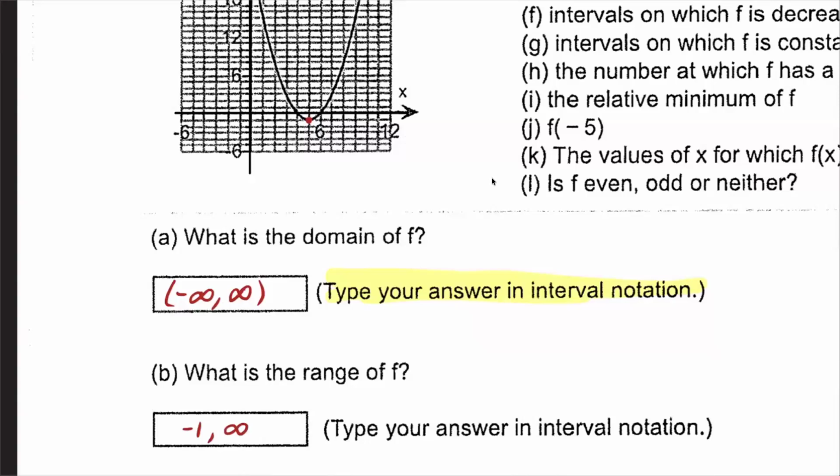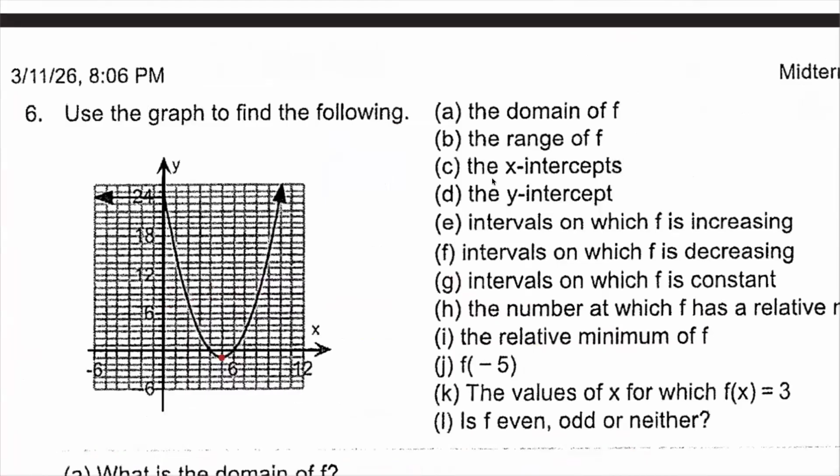On that -1, we're going to place a bracket because the graph goes through that point at -1, so you must include it. And on infinity, we always place a parenthesis. So it starts at -1, goes to infinity. It has to be in that order, from the lowest value to the highest value. That's the range.